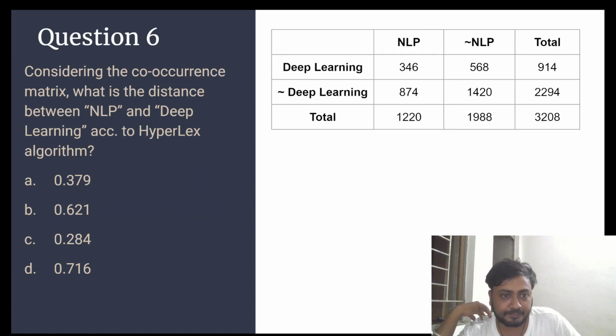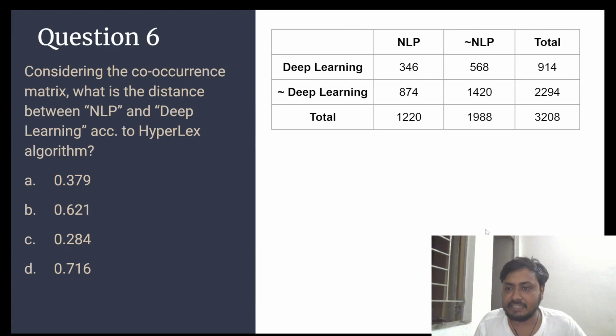So this is saying that you are given a co-occurrence matrix, and there are these two terms, deep learning and NLP. As you can see, there are a total of 914 instances where deep learning occurs, and in 346 of them it occurs with NLP, and in 568 it occurs without NLP.